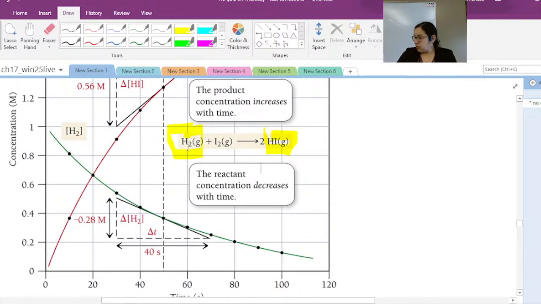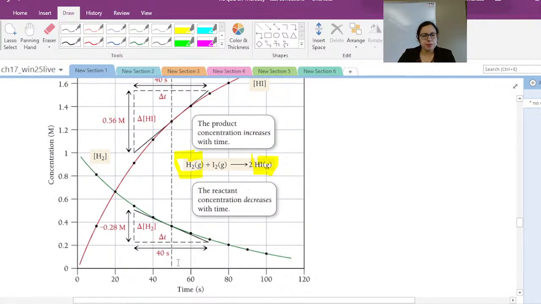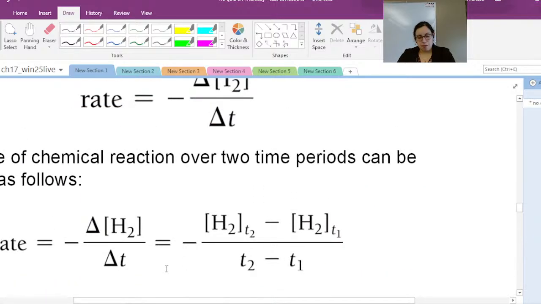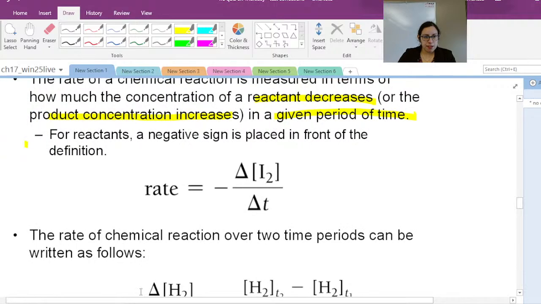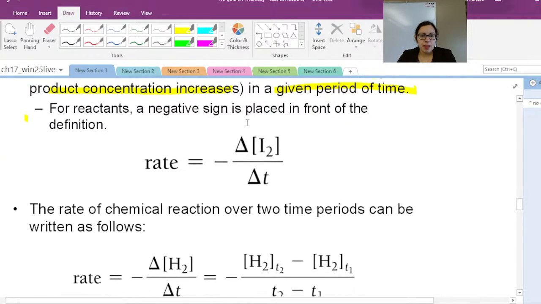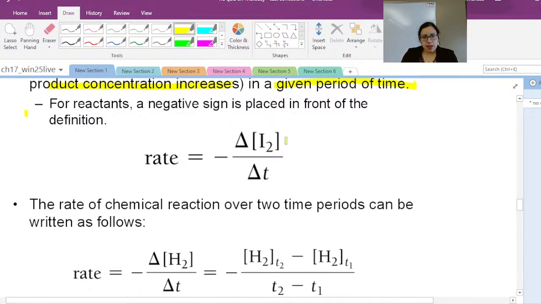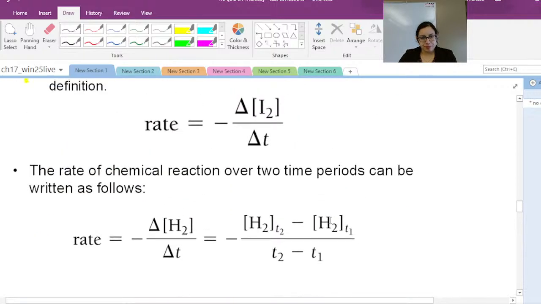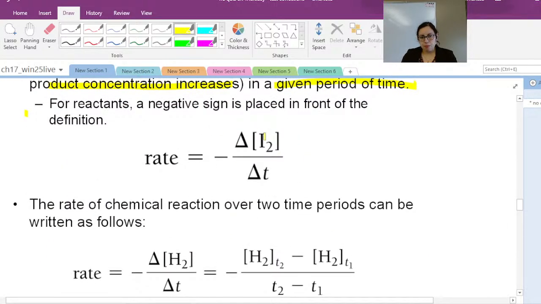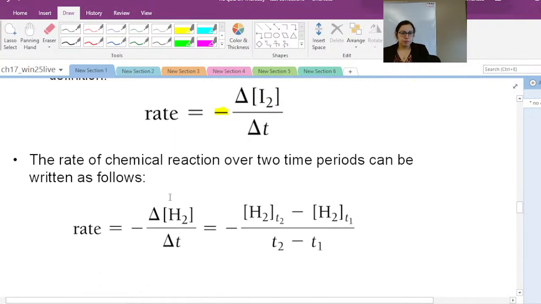You have these little H's, so you could see them by NMR, but iodine you would not be able to see unless you had a special iodine NMR, though I don't know that iodine has NMR active nuclei. All right, that's what we're looking at here. They don't have I2 listed, but we would measure our rate, again, if we were measuring our iodine, by how much it decreased over time.